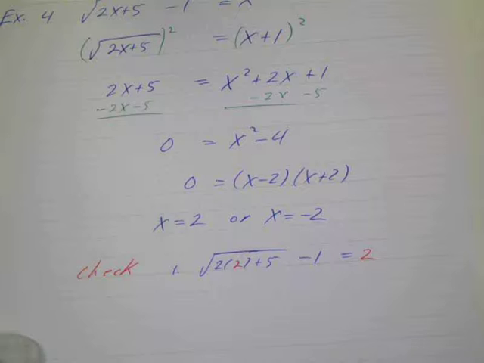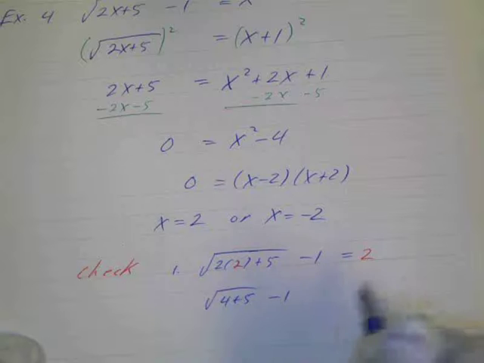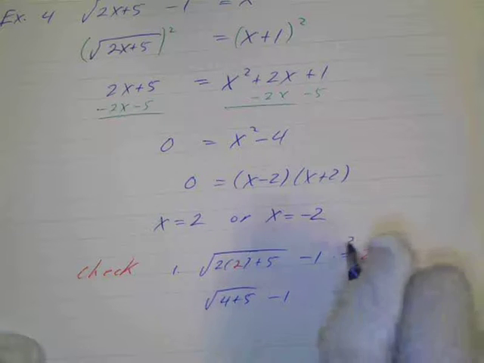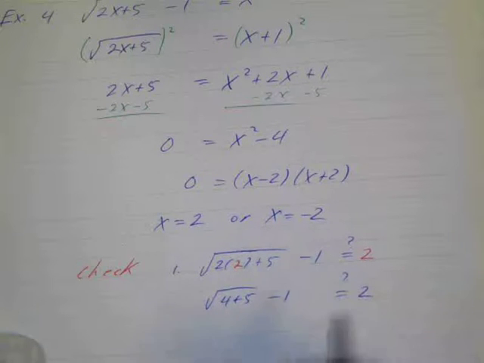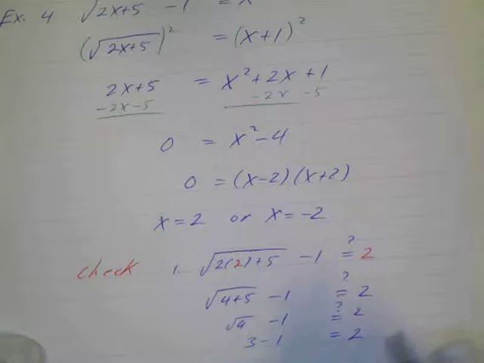That's going to be the square root of 4 plus 5 minus 1, does that equal 2? And 4 plus 5 is 9, so that's the square root of 9, minus 1. Does that equal 2? And what's the square root of 9? 3. So does 3 minus 1 equal 2? Yes. So that checks.